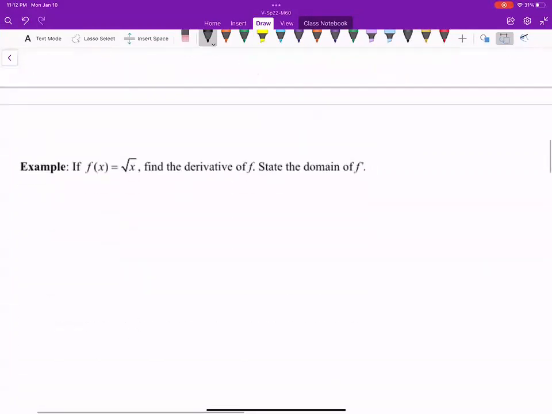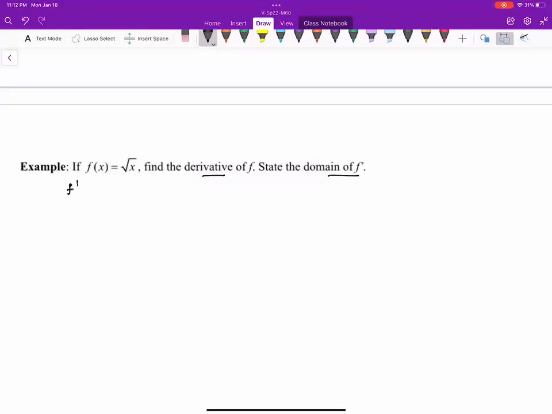The next example would be: if f of x equals square root of x, find the derivative of f and state the domain of f prime. So we are going to use the definition of the derivative.